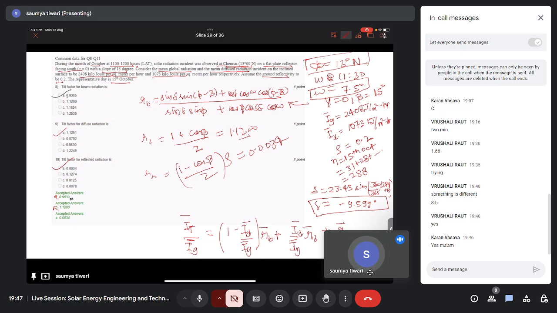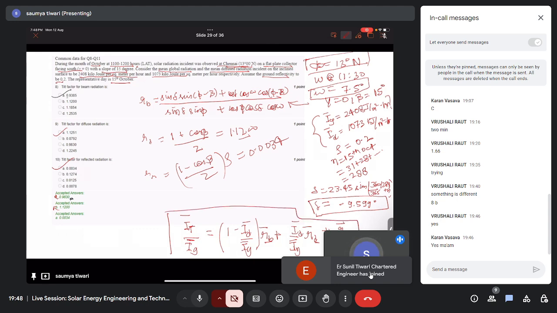You have already calculated these three values. Ig bar and Id bar are already given in the question. You can put all the values into this equation and calculate the It bar.